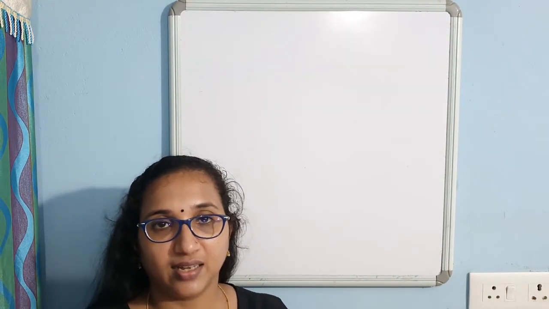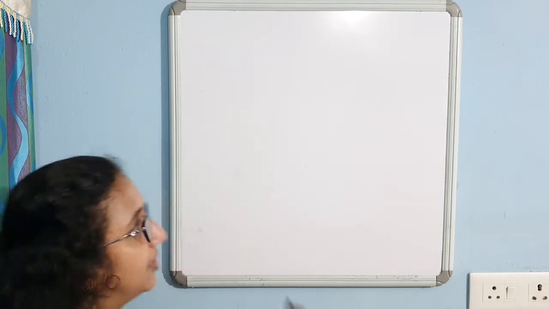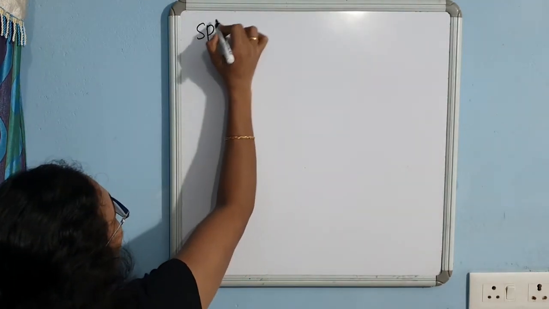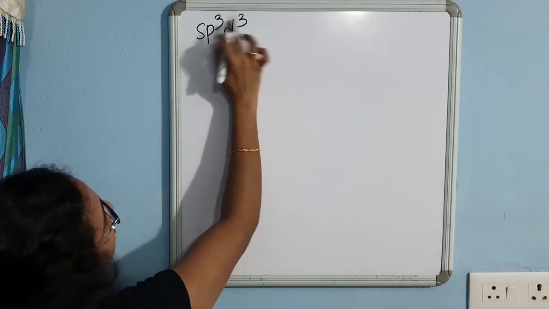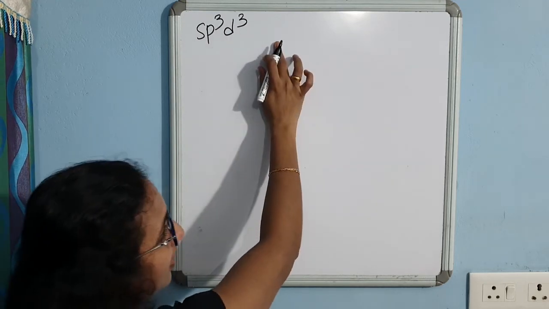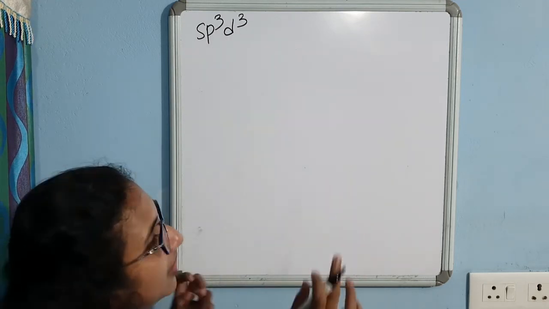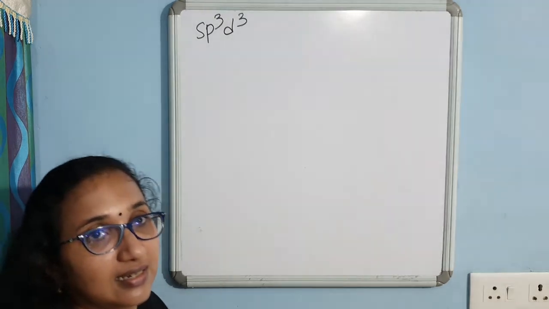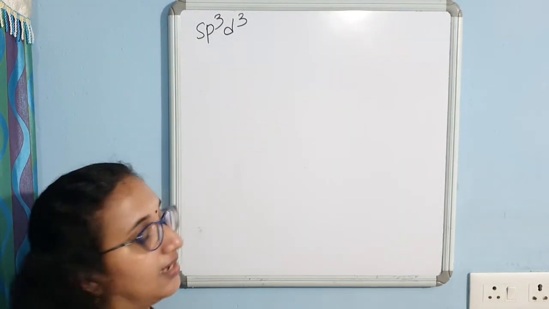Next, let's take sp3d3 hybridization. For sp3d3 hybridization, we know there are 7 hybrid orbitals. So we should take an ideal example where the central element is having 7 valence electrons.